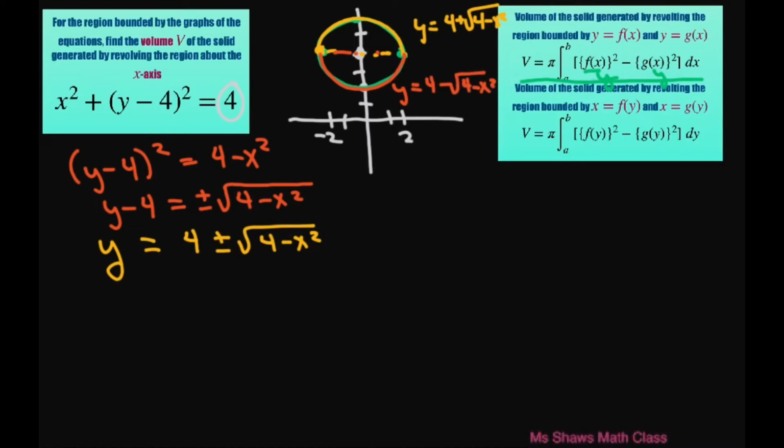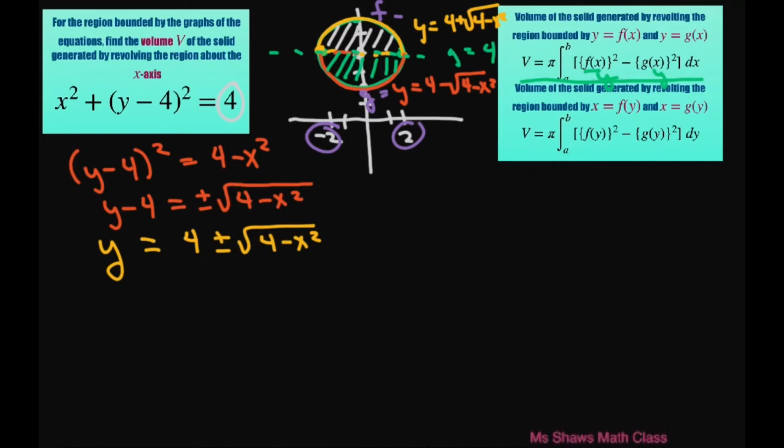Using this formula, we can let this one be f and this one be g. We're going from negative 2 to 2, and this is our shaded region, and it's symmetric about the line y equals 4.